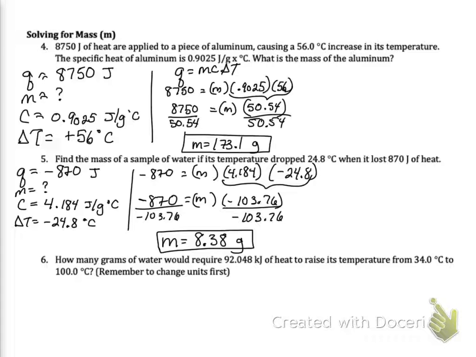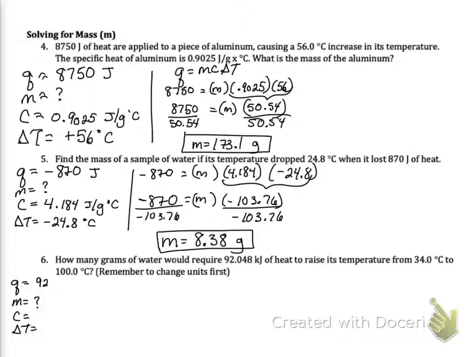Final question asks how many grams of water would need 92.048 kilojoules of heat to raise the temperature from 34 to 100 degrees Celsius. So we are solving for grams of water.